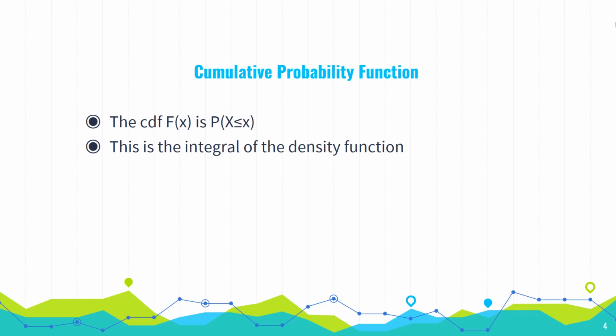I'm going to give you some examples of continuous distributions in a little bit. If you have taken calculus, you could understand this CDF as the integral of the density function, but don't worry about that because I'm not going to have you doing any calculus in this course.